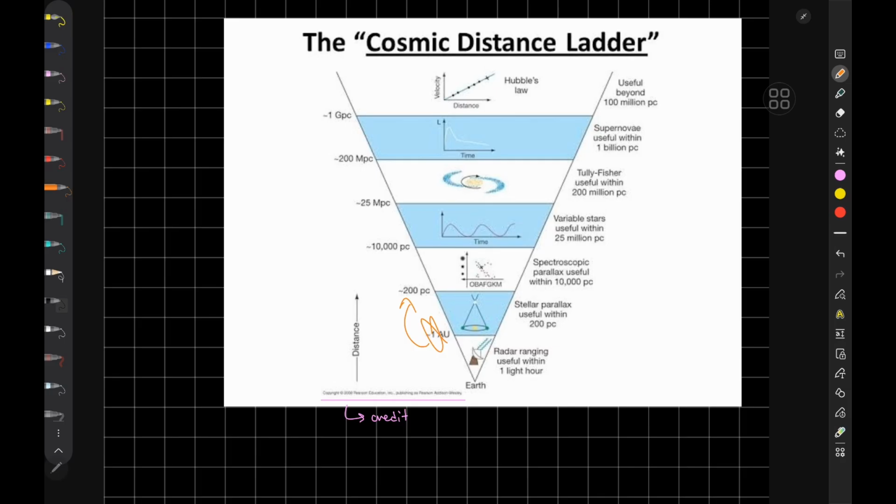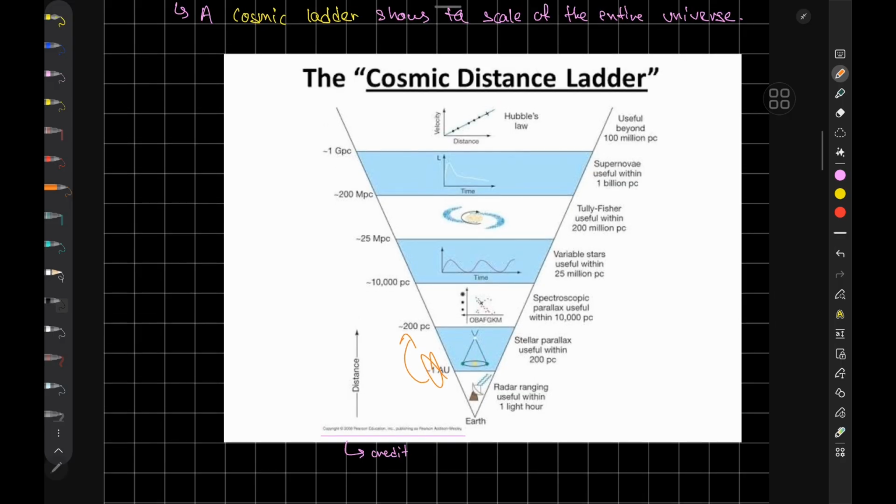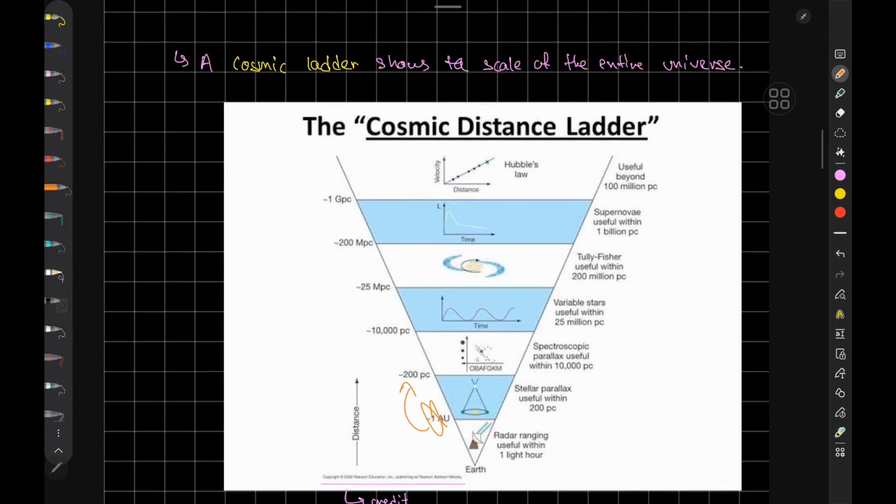But yeah, within 1 AU we use radars. Up to 200 parsecs we use stellar parallax. Beyond that we have spectroscopic parallax, where the devices collect light from different angles, and again we use parallax to find how far things are. Beyond that we have variable stars, for example Cepheid variables. Beyond that we have something called Fissure, which I don't know about.